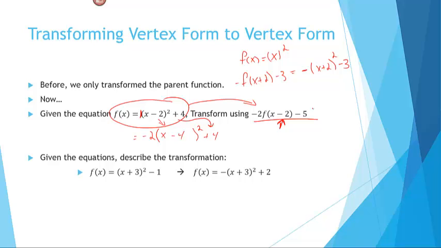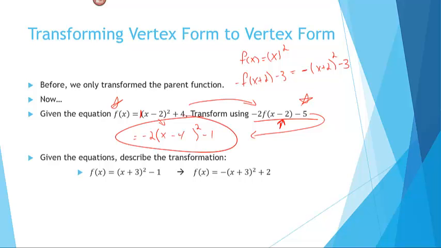And then our transformation has negative 5, so put a negative 5. So now what's positive 4 minus 5? That would be negative 1. So our new equation is negative 2 times (x minus 4) squared minus 1.